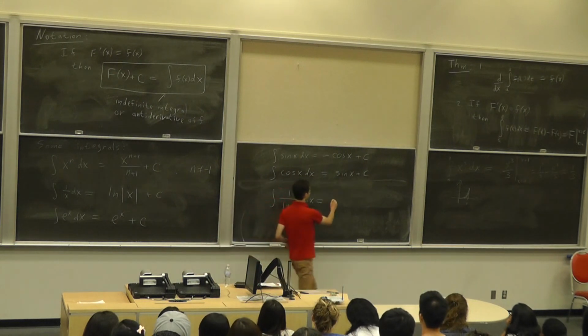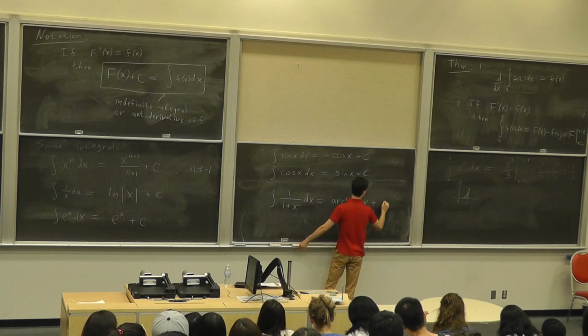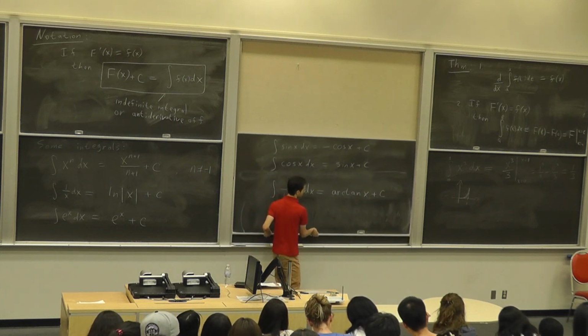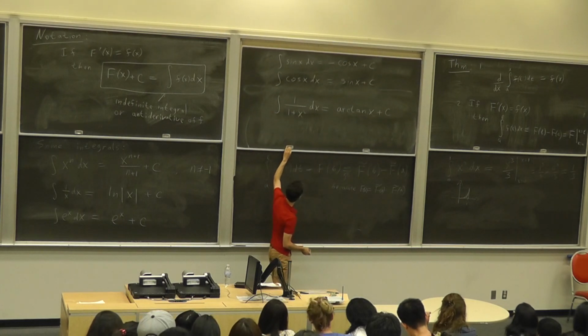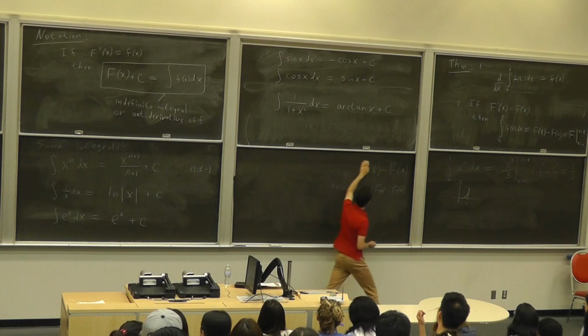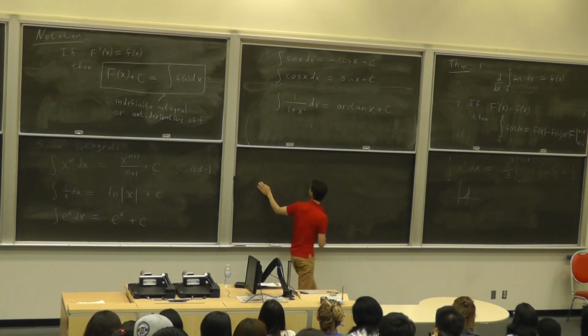So it is the function arctangent. I'll recall this. So arctangent is the inverse function of tangent. And tangent is sine over cosine.